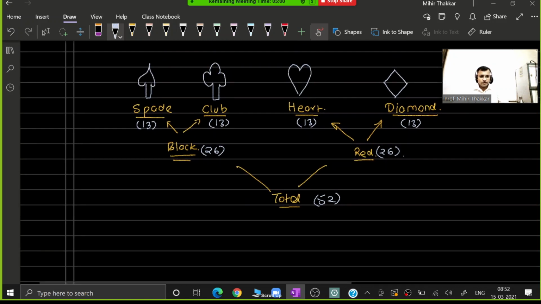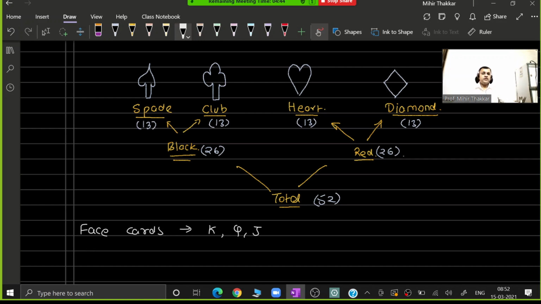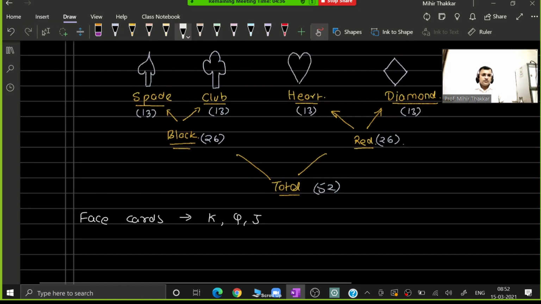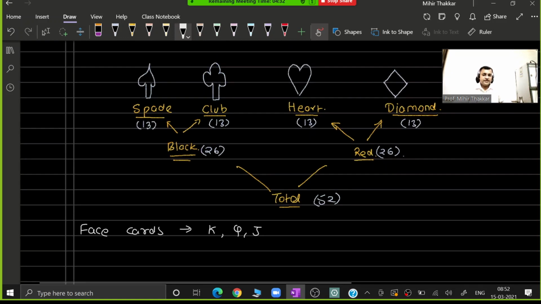Now in these 52 cards, there is a further description that is required. The face cards are king, queen and jack. That is, two in each suit in fact, so two kings of the red color, two kings of the black color, one heart, one diamond, one club and one spade.